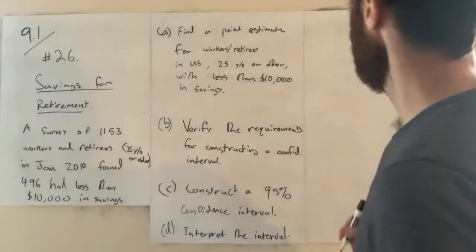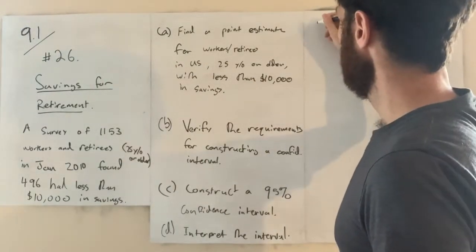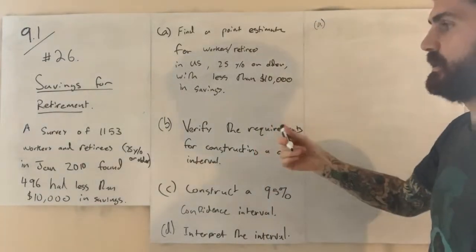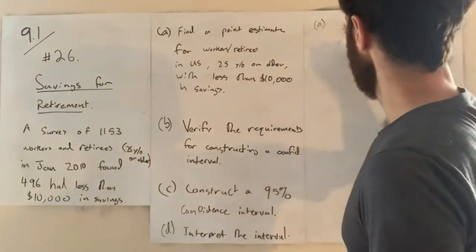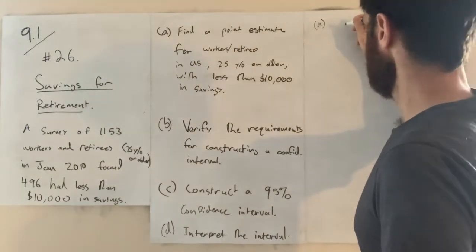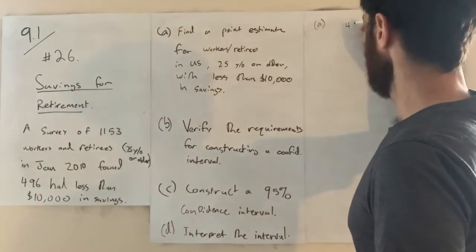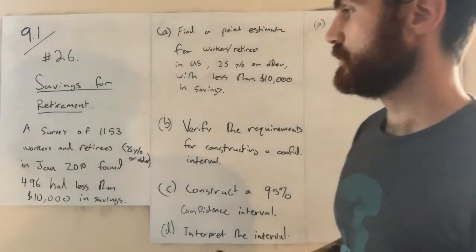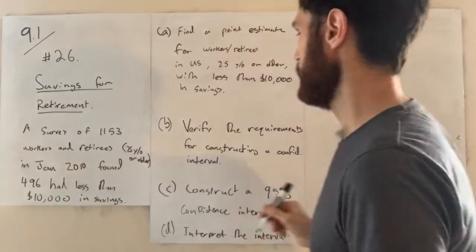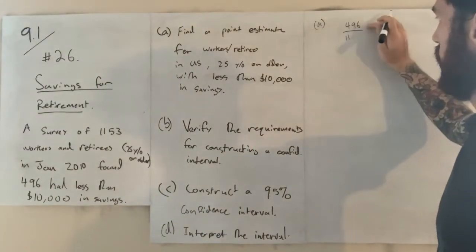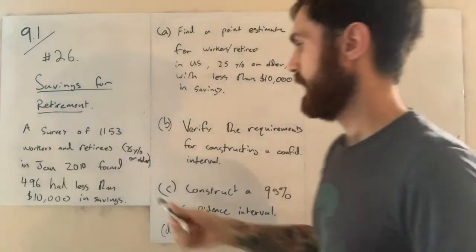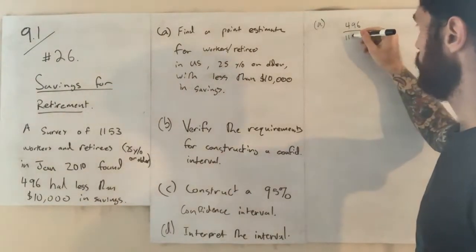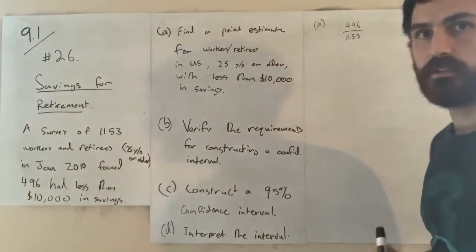Okay, so I'm going to grab my calculator. For A, I just need to find a point estimate. The point estimate is to take the sample we found and figure out the proportion for that sample. So we have 496 had less than 10,000 in savings, and we took a sample size of 1153.